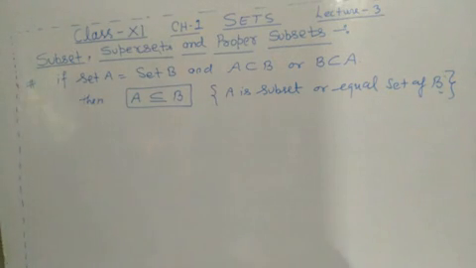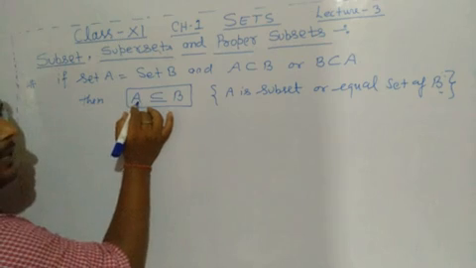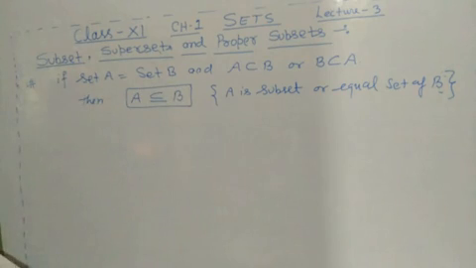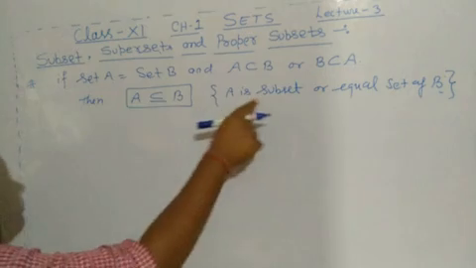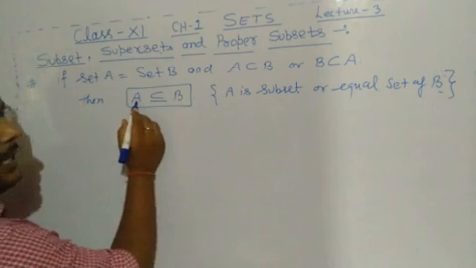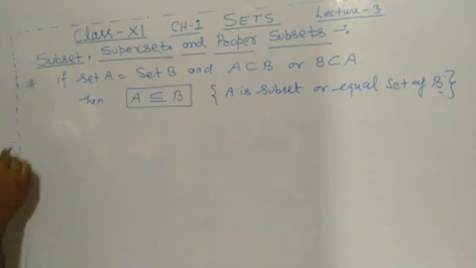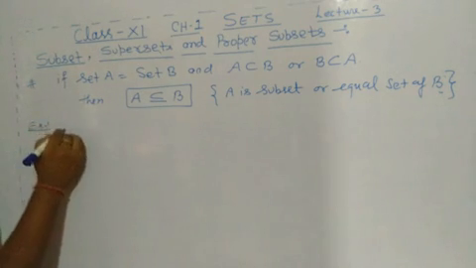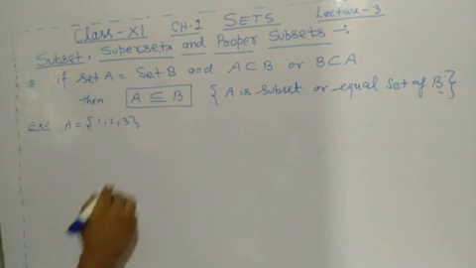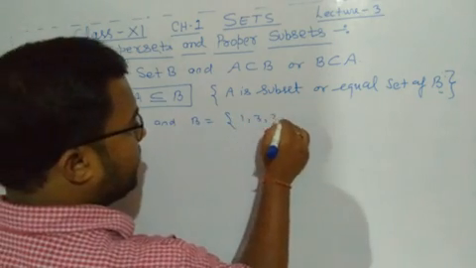A is subset or equal set of B means all elements of A belong to B and all elements of B also belong to A. Write down: A is subset or equal subset of B. For example, A is equal to {1, 2, 3} and B is equal to {1, 3, 2}.